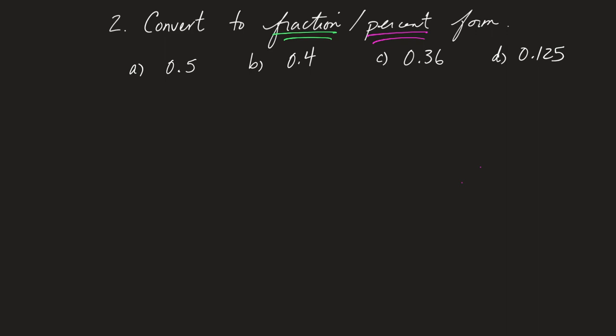Okay, we're back. So very quickly, I can multiply all those. Well, hopefully we remember that 0.5 is 50%. I don't think we've memorized 0.4, but if I think about that as 0.4 times 100, then I get my 40%.